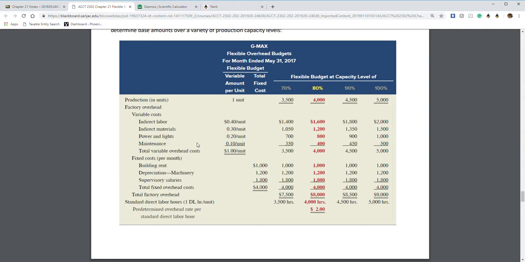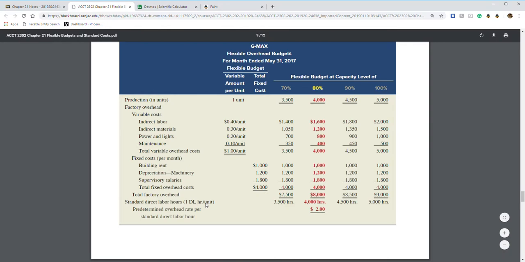We already know our variable amounts per unit, and it's basically 3,500 times 40 cents. It's mostly multiplying. Again, we have our fixed costs for the factory, and they are always going to be the same.